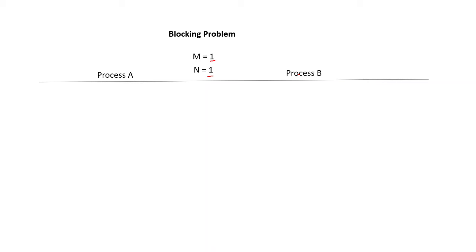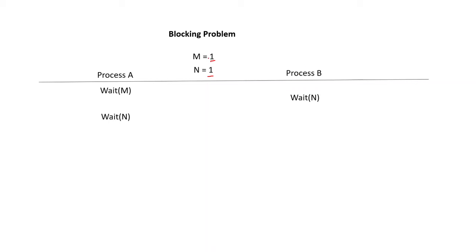So first, say the process A, who wishes to enter into the critical section which is associated with semaphore M, executes this operation wait M. And next, B needs to enter into the critical section associated with N, and B executes wait N. Now both are inside their respective critical sections.